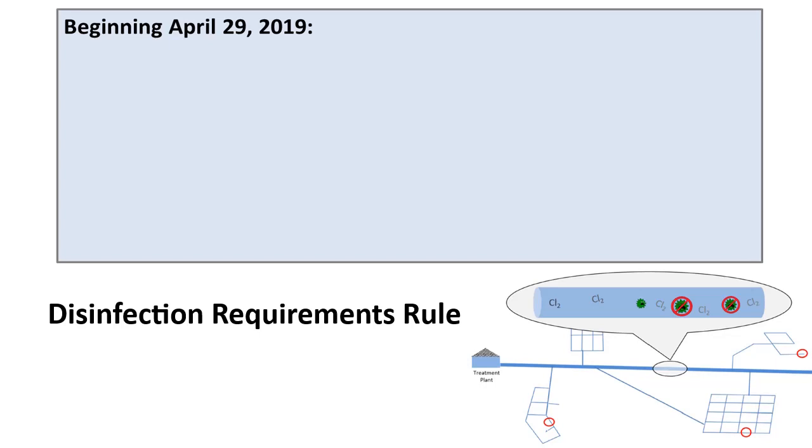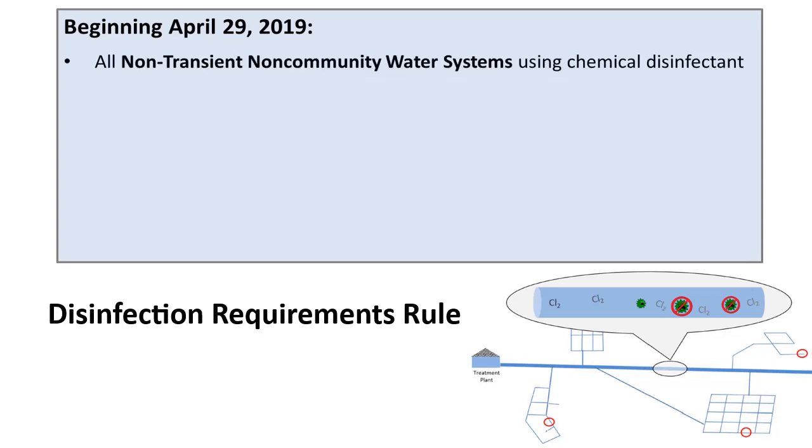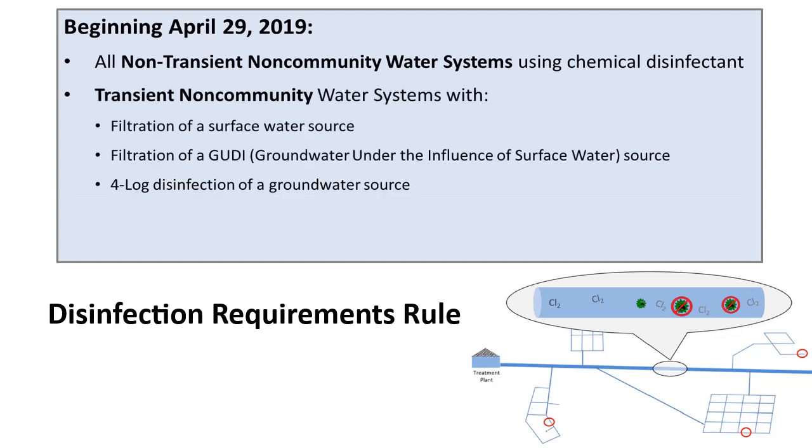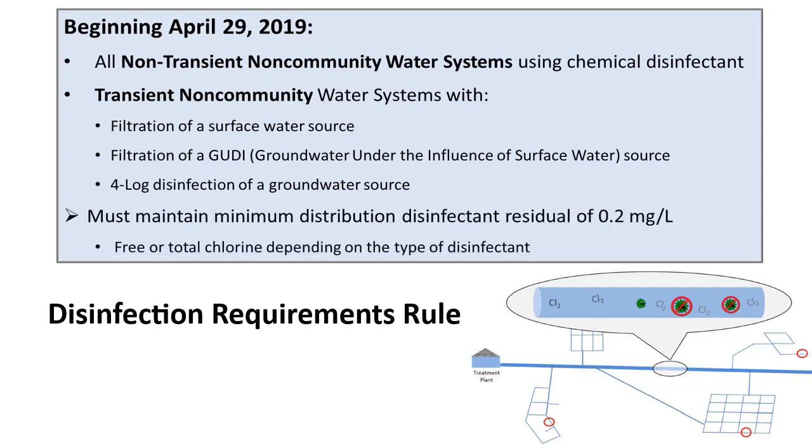Beginning April 29, 2019, a non-transient non-community water system that has installed chemical disinfection, or a transient non-community water system with either a surface water or groundwater under the direct influence of surface water source, or with 4-log disinfection of viruses for a groundwater source, must maintain a minimum disinfectant residual concentration throughout the distribution system, sufficient to ensure compliance with the microbiological MCLs and all treatment technique requirements.